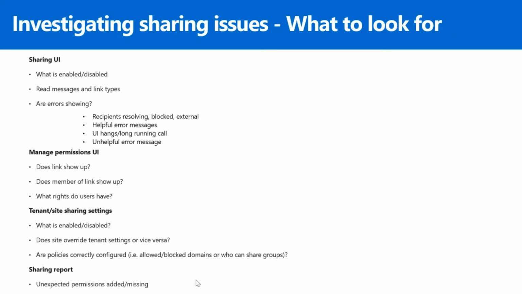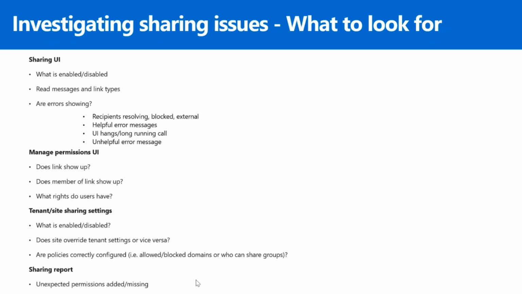and check the tenant and site sharing settings: what's enabled, what's disabled, is the site collection setting overriding the tenant setting, and what type of policies apply, such as whether some domains are allowed or not allowed, and whether sharing can be done only by members or anyone can do sharing. All of these types of settings we try to figure out from the tenant and site sharing settings.